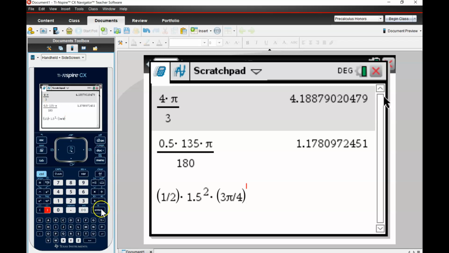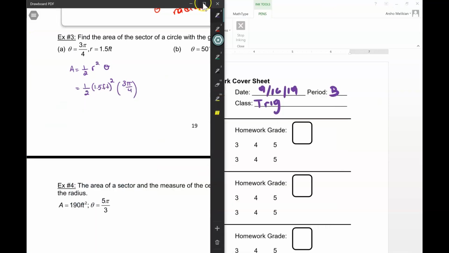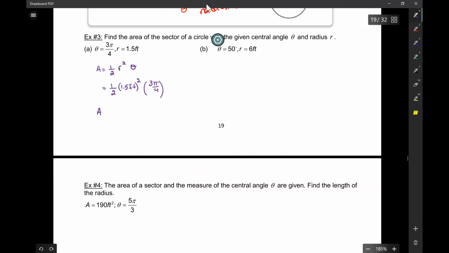All right, enter. Just make sure that this print looks like what you have on your paper. So we get 2.65, which is about 2.7. And now what are the units? I have feet squared.